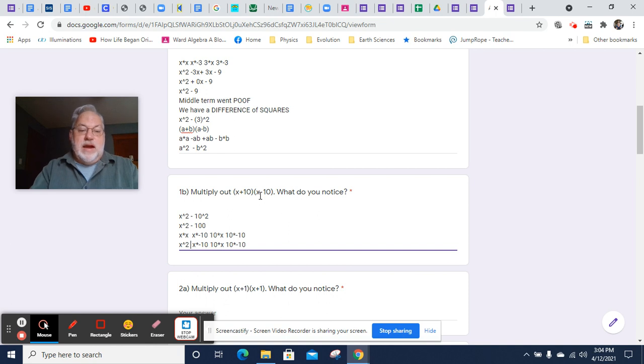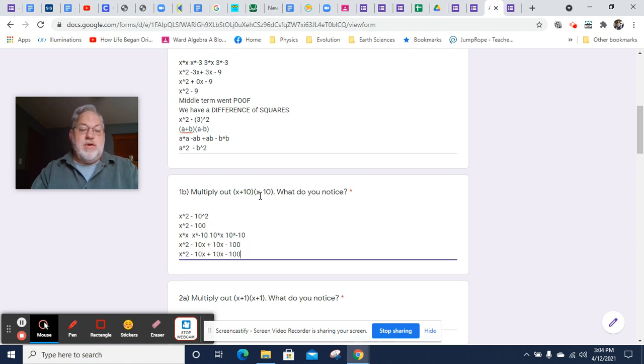We're going to have minus 10x. Then we'll have plus 10x. And then 10 times negative 10 will be a negative 100, so minus 100. And then the 10x and the negative 10x will cancel each other out, making a 0x.